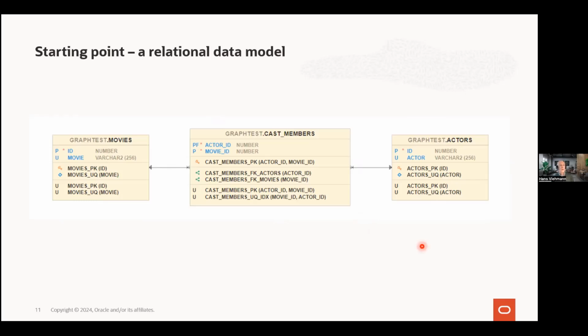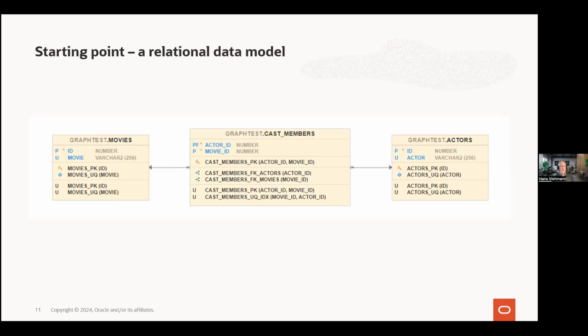And that is our starting point. If we want to figure out if an actor has been on the cast with another actor, what we need to do is to join the actors table to the cast members table, the cast members table to the movies table, and then back to the cast members, back to the actors.